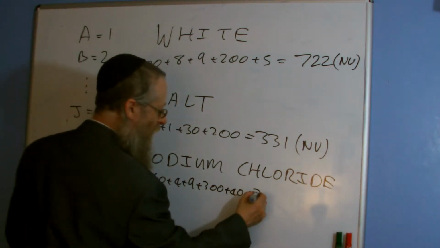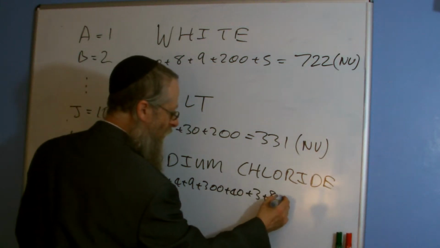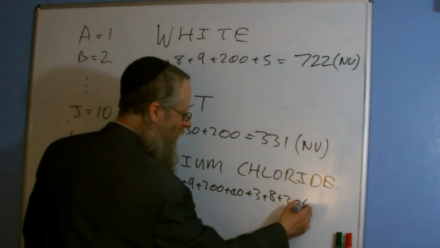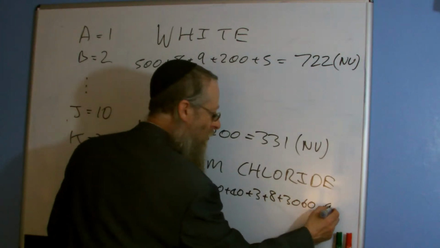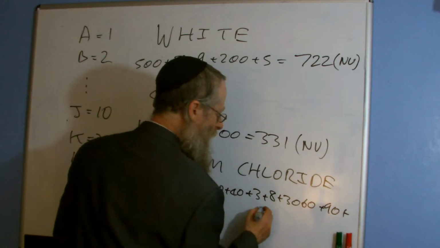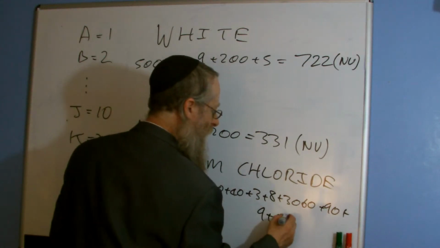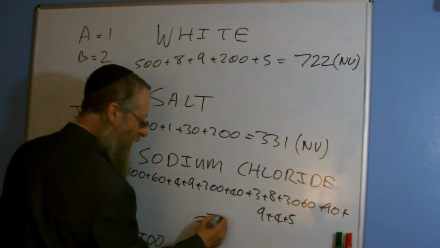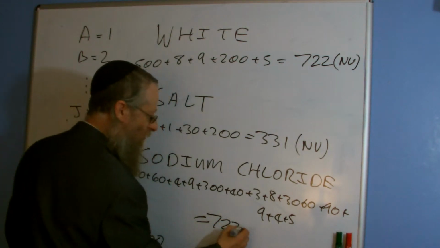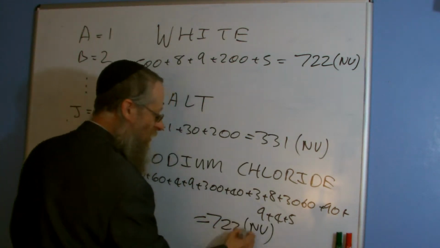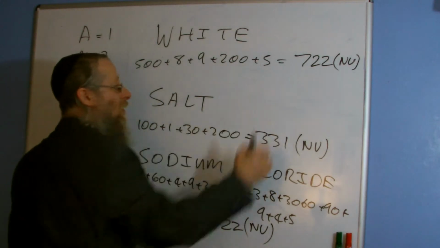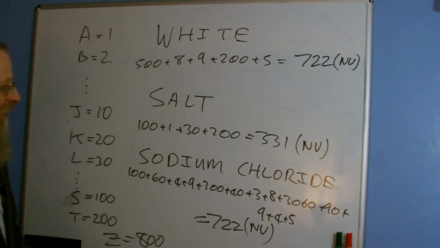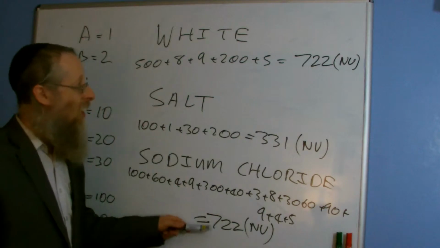Over here we get 3 is C, H is 8, 30, 60, 90, 9, 4 and 5. And I'll let you add that up with a calculator if you want, and you'll find that it's 722, which is the same value as white. So I've got a connection between sodium chloride and its colour.